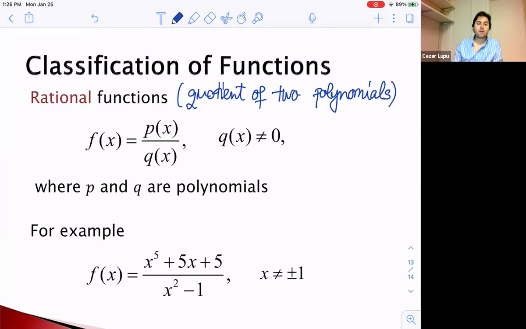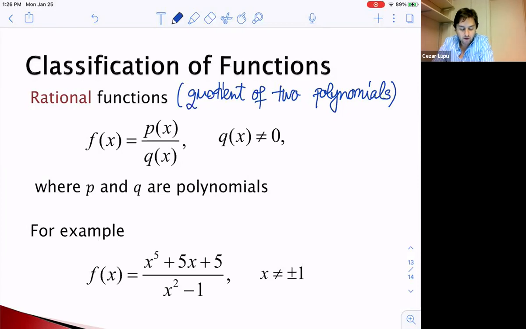And of course, when you have the ratio, the polynomial q must be non-zero. For example, as you can see here, if we take f of x to be x to the fifth plus 5x plus 5, everything over x squared minus 1.